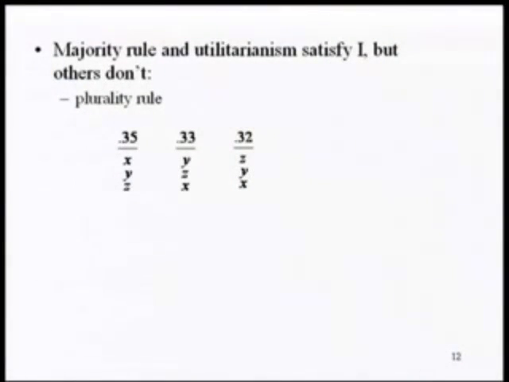You can also object to it, and many people have. Well, majority rule and utilitarianism satisfy independence, but the others don't. So here's plurality rule. Let's suppose that there are 3 candidates and 35% of the people put X first, and then Y, and then Z, and similarly for the other 2 groups of voters.